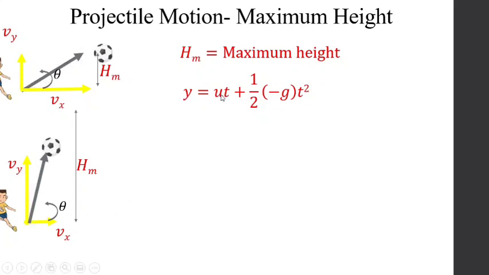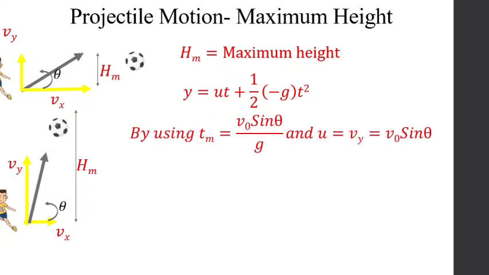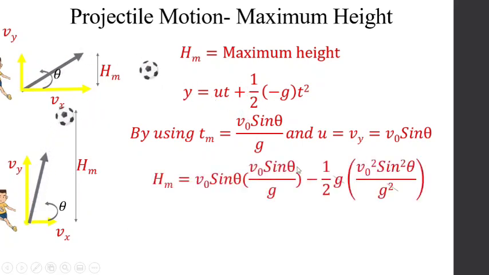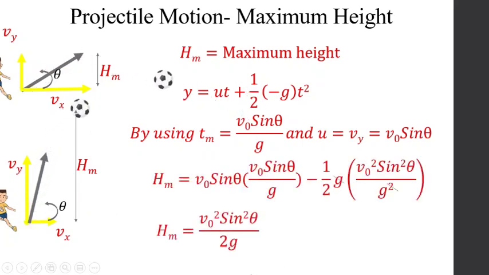Here the initial velocity u is v0 sin theta and time is the maximum time required to reach the top, that is tm equals v0 sin theta by g. If you put these values in the above equation, you will get hm equals v0 square sin square theta divided by 2g.